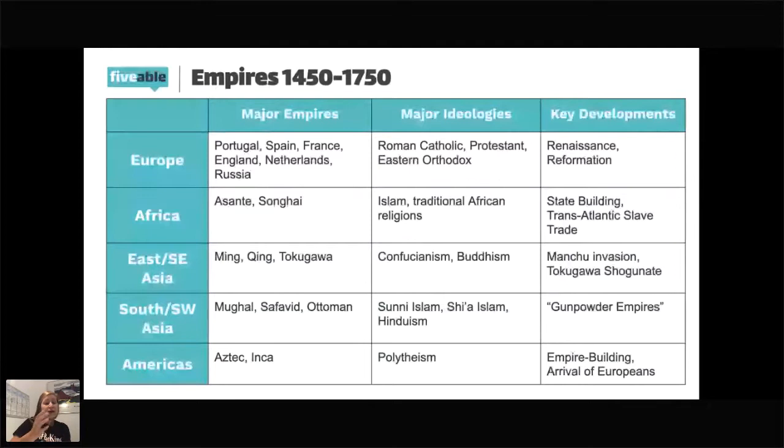A lot of times we do see this interaction with these developments that change or shape how the empires govern or administer their empires. I'm not going to get too much into all the information here, but this is something great to screenshot and take a picture of, to save and come back to. So that is our good overview for 1450 to 1750 with our empires.